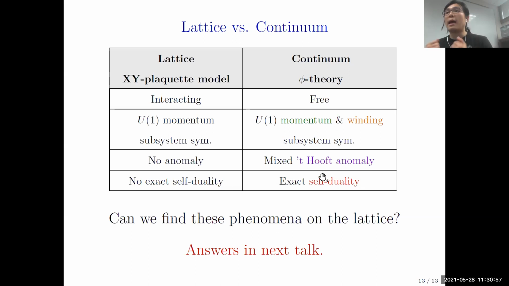So what we would like to ask is, can we find all these phenomena of the continuum field theory, namely emergent symmetry, mixed Toph anomaly, and exact self-duality, already on the lattice model? This will be answered in Shuhan's talk next.